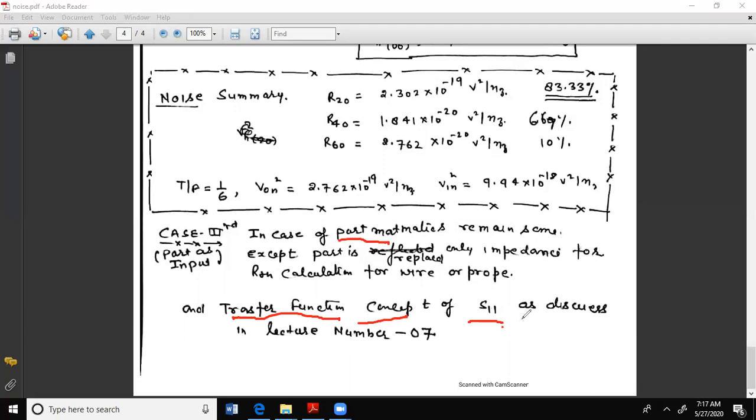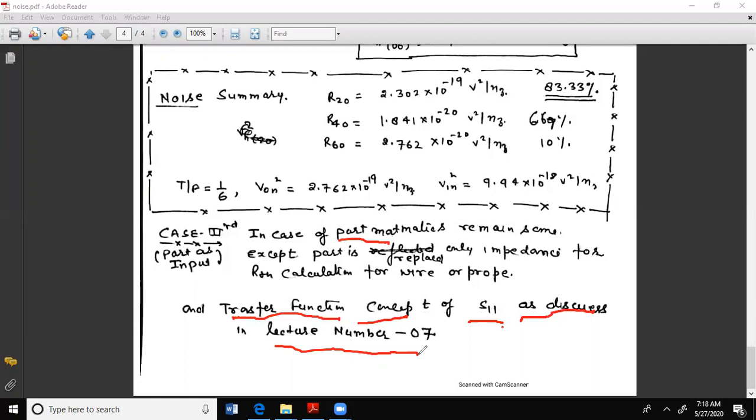If you want to see the effect on the transfer function, just go to lecture number 7. We have already discussed this, and in Cadence Virtuoso we also saw an example taking the port as the input. So I hope after completing this lecture, students can understand the significance of each term.